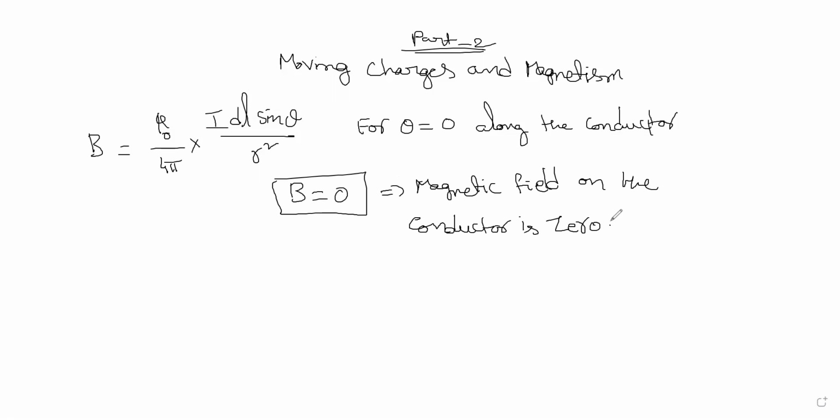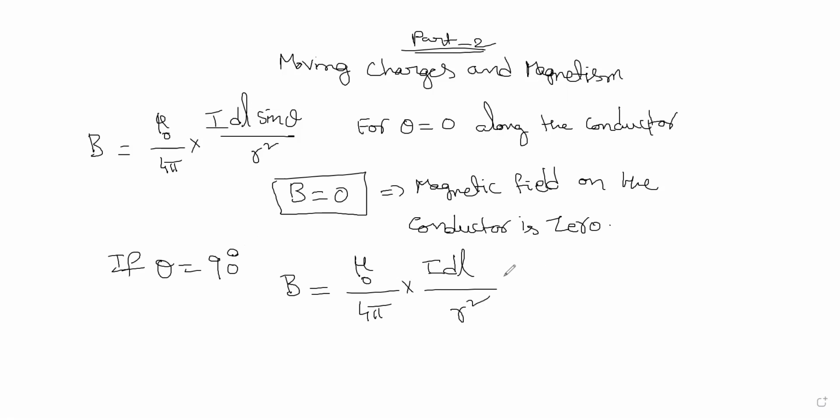So the next part is that if theta is equal to 90 degrees, you have the value of dB as mu naught by 4 pi I dl divided by r square. That's the maximum value for you. So we have to write dB over here, and that's the maximum value you are going to get.